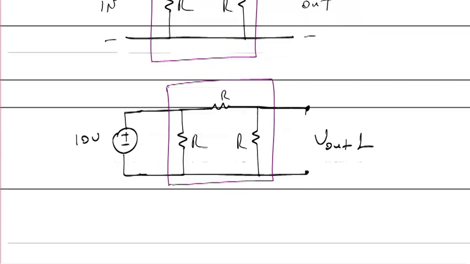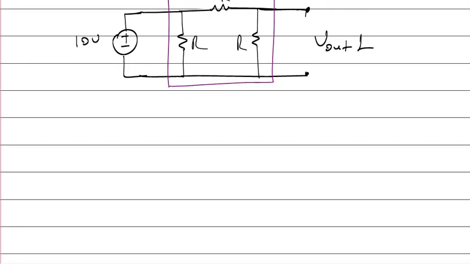Let's analyze that system. The voltage at this point is what? If you say this point is ground, 0, then this is 10 volts. So there is no current here. If you say Ix, it should be 0 because there is no component connected. It's an open circuit.